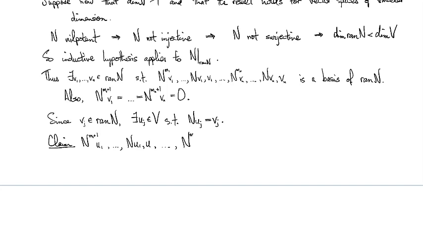So here we've got n to the mn plus 1 applied to un here. Okay, so we claim that this guy is the required basis of V.